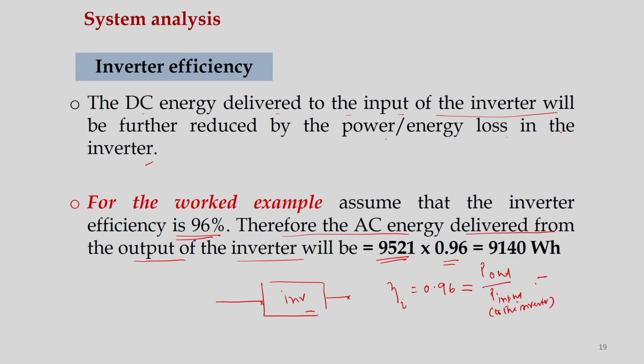So, this power output we need to calculate, that means P out is nothing but eta I, 0.96, into P input. P input is 9521. So, once you do the calculation, what we will get is 9140, which is the value delivered by the inverter.